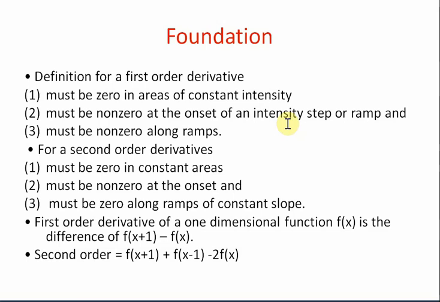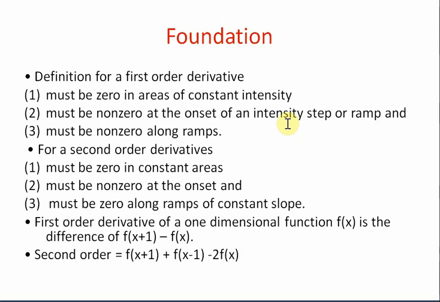For the step also, you know that d by dt of u of t is nothing but delta of t, right? So at the discontinuities also you get a non-zero value, not a 0 value.